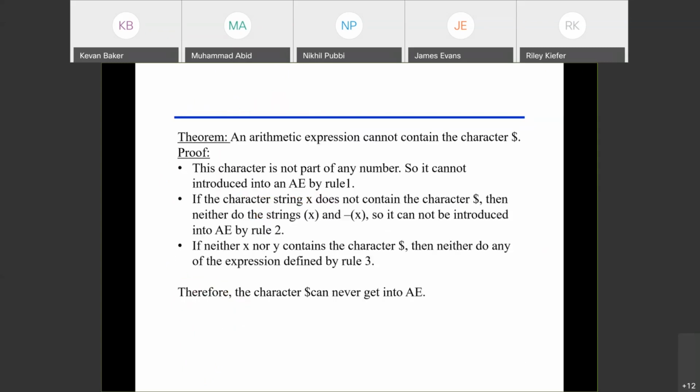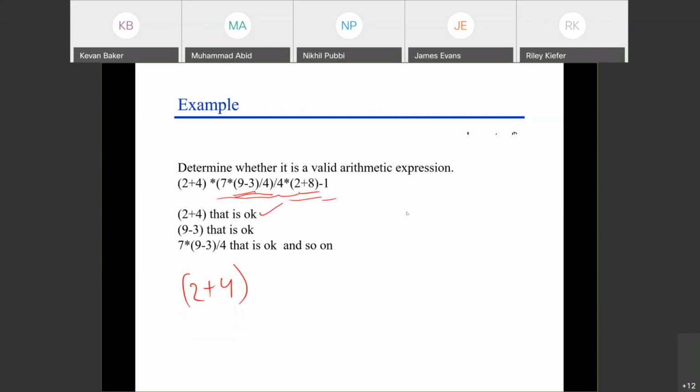So this is one theorem here. It says that an arithmetic expression cannot contain the character dollar sign. So how do we prove that? It says that dollar sign is not part of an arithmetic expression. So now you can prove this by looking at all the rules.